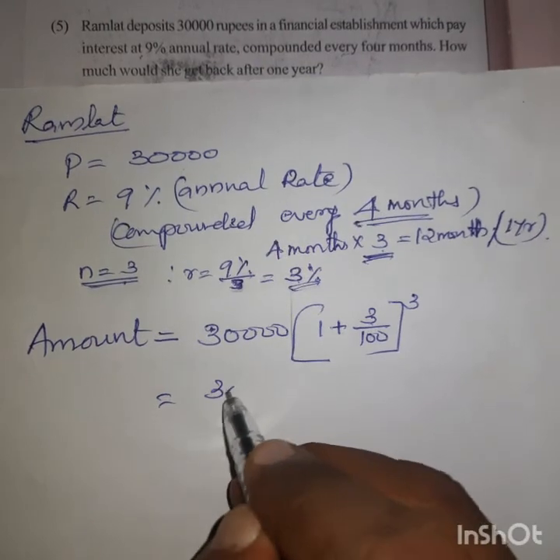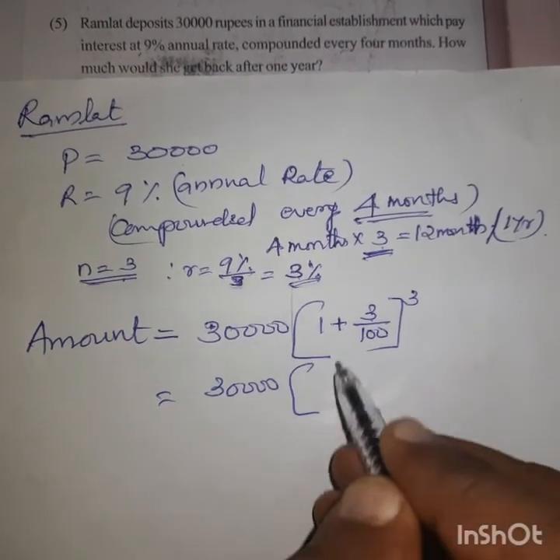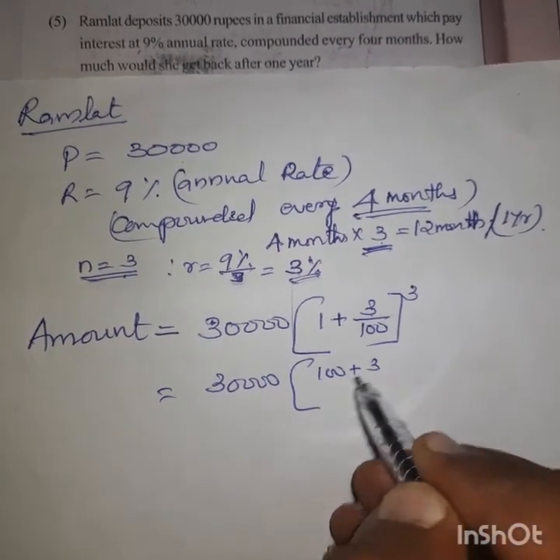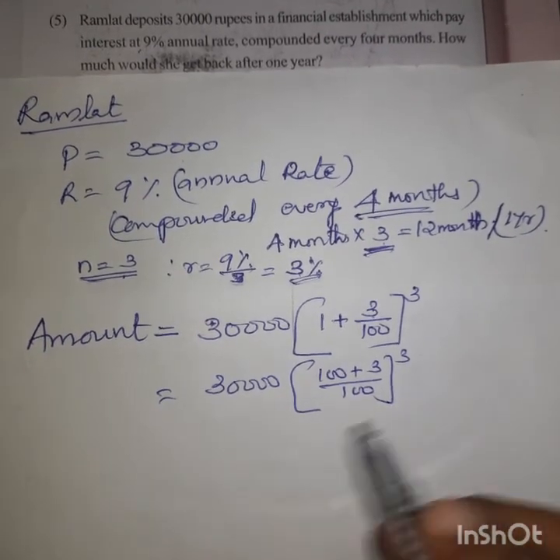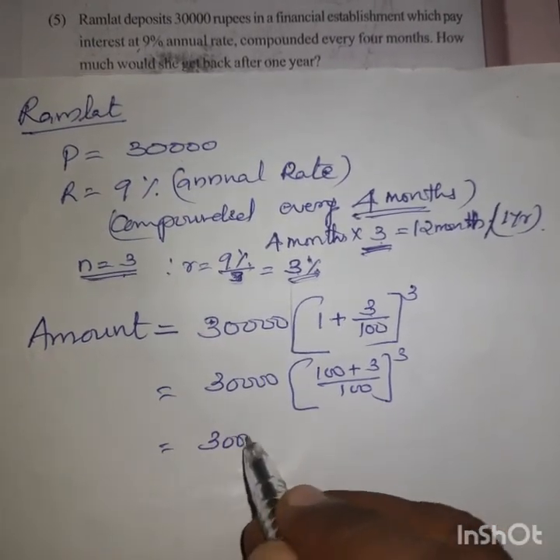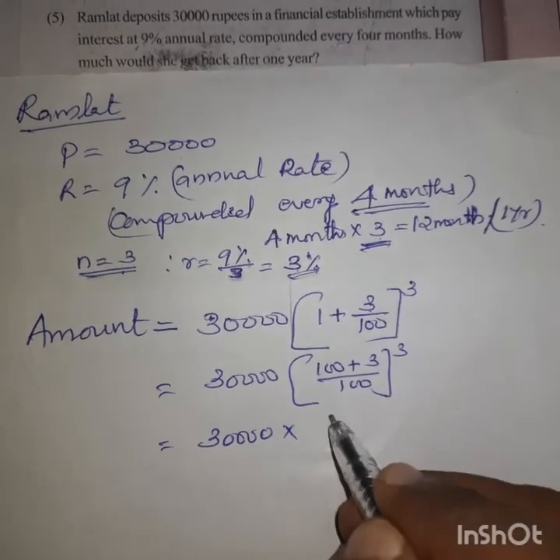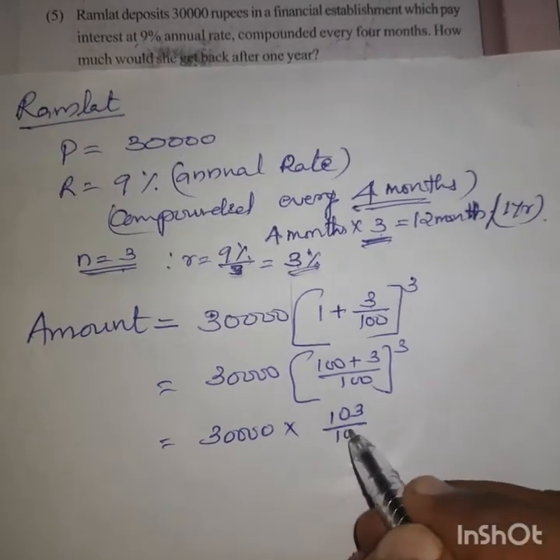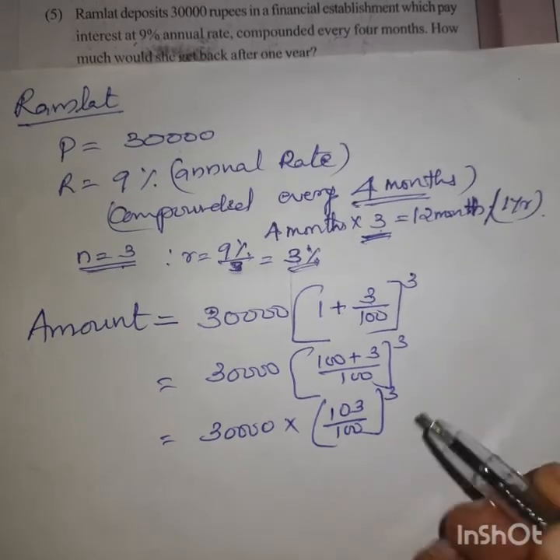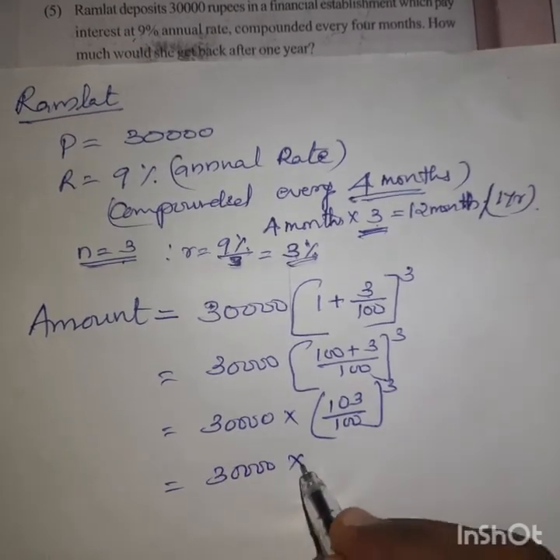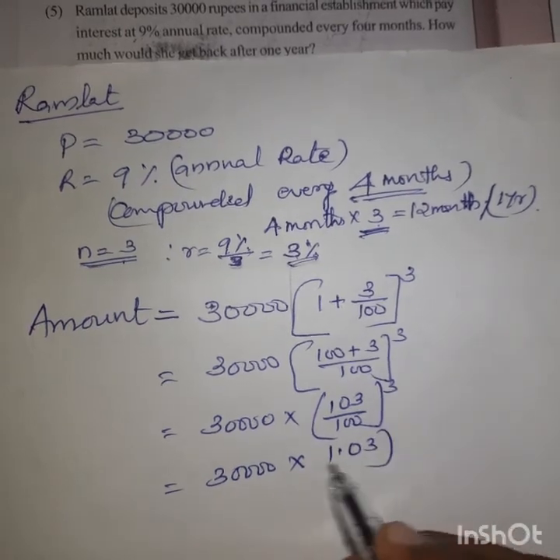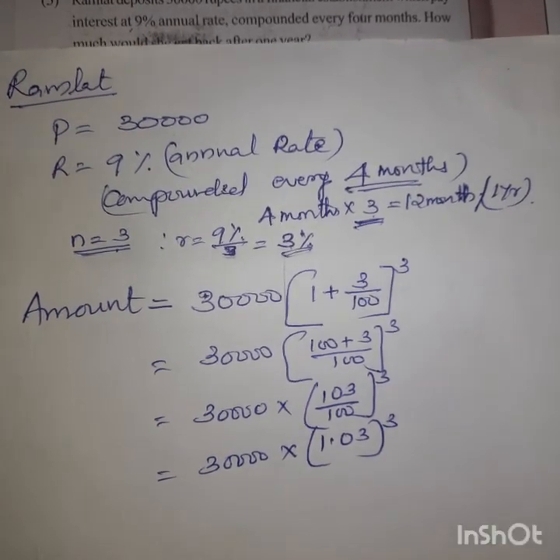Then that is 30,000 into 103 by 100 raised to 3. That is 30,000 into 1.03 raised to 3.